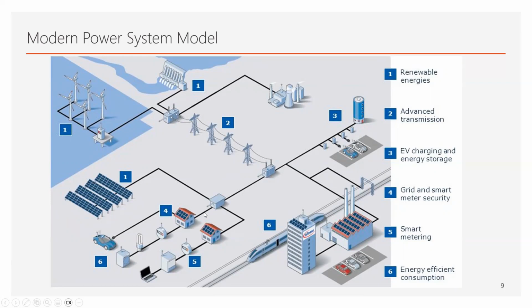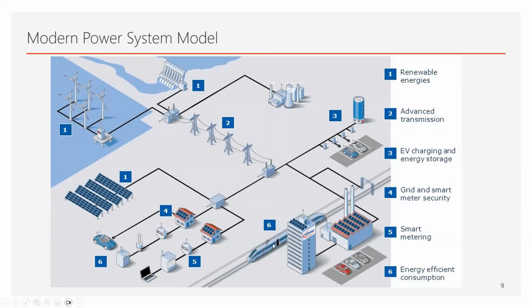It is supplying power either this way or this way. So in the residential area, if we look at this, we have rooftop solar panels, we have net metering, that means a smart metering system. We have electric vehicles, and we have energy efficient loads. And if we look at the commercial space, they also have renewable energies.